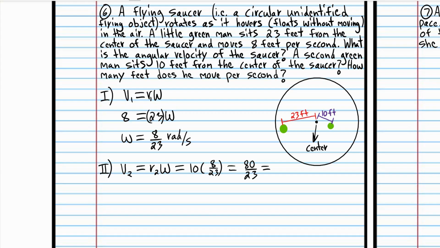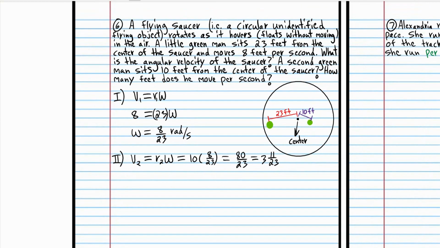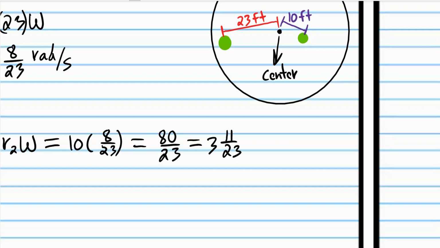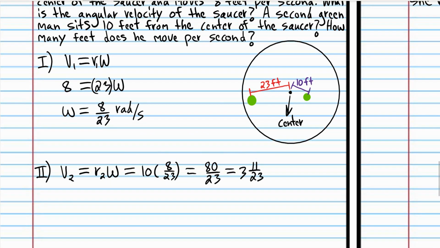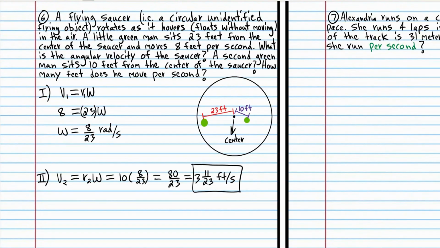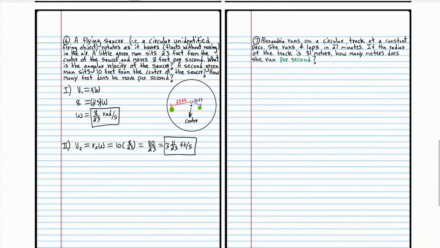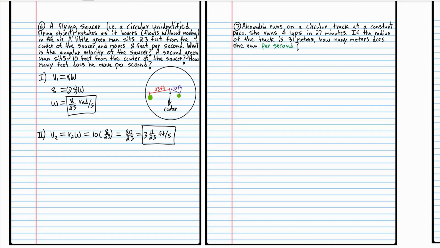And you don't really have to, but we can change that to a mixed number to make the number more friendly. So units are feet per second. So that is his linear velocity. So if you got that right, excellent. And by the way, this is an answer, so you got to rectangle that also. There's two answers. They're looking for two answers in that problem. Okay, try number 7. And when you come back, we'll do it together.